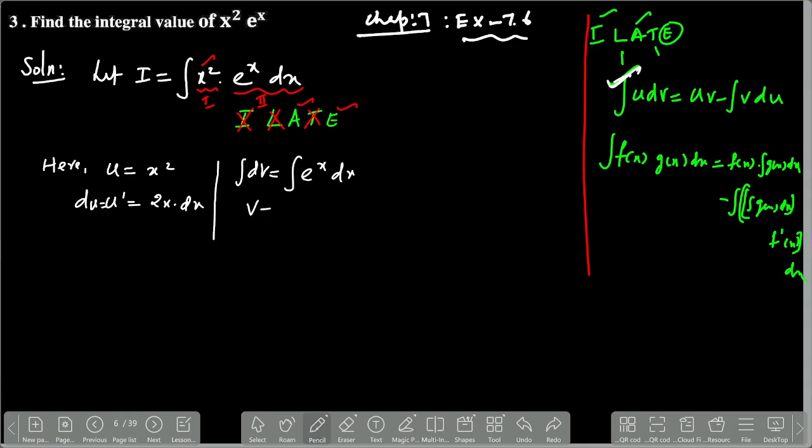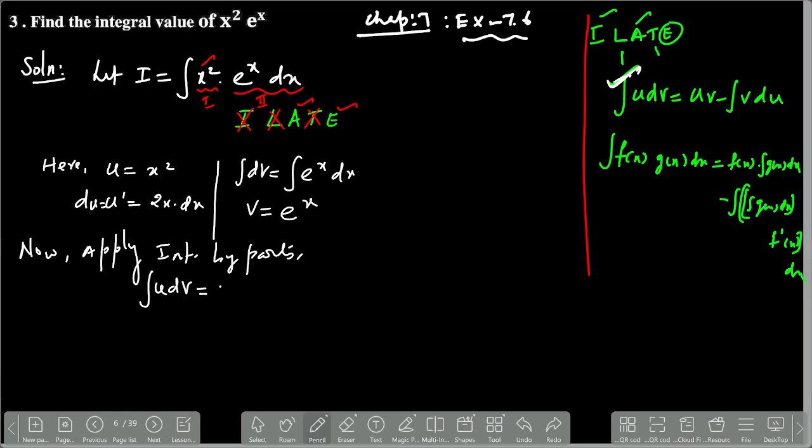That is v equal to e power x. Now apply the integral by parts formula. What is the formula? Integral u dv equal to uv minus integral v du. Correct? So write the values here.